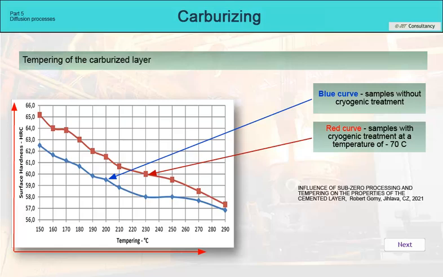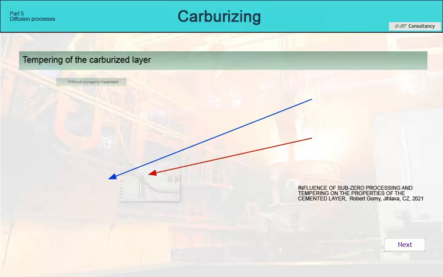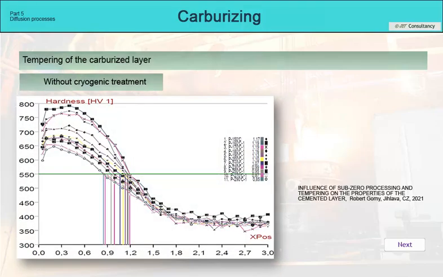If we display the respective diffusion profiles depending on the different tempering temperatures, we see how the layer hardness, but also the diffusion depth, CHD, decreases with increasing tempering temperature. The criterion for the diffusion depth is CHD 550 HV1. This decrease is clear.